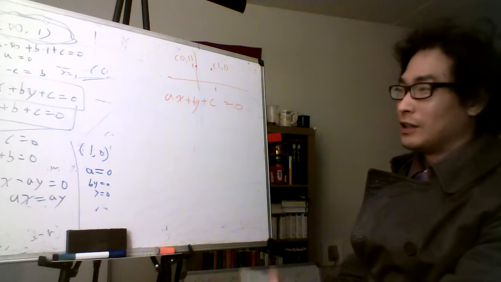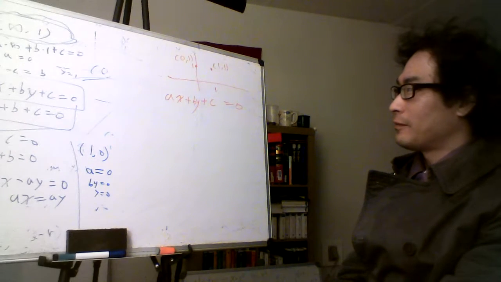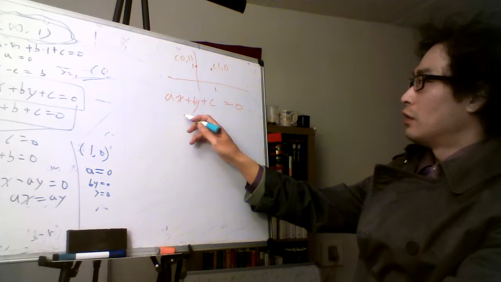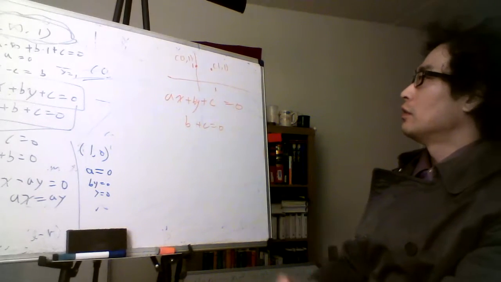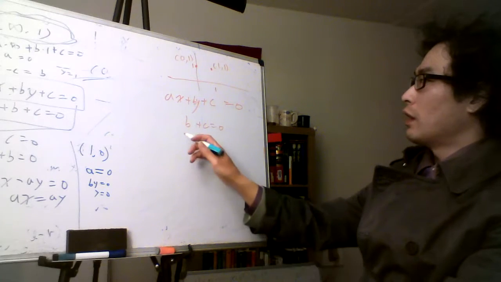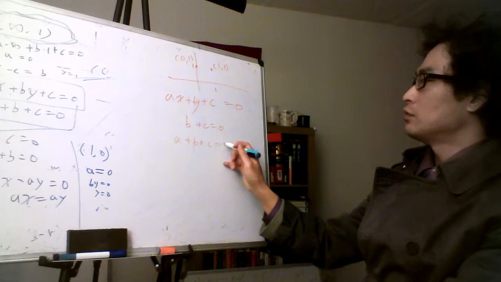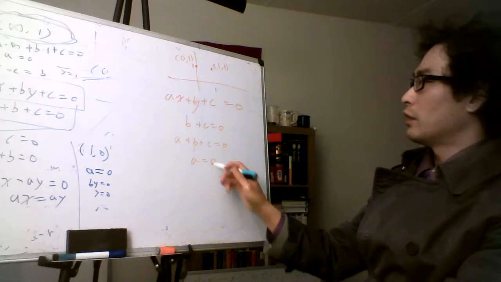So it's going to all change later on, but for now, okay. Okay, 0, 1, plug it in. So b plus c is equal to 0. 1, 1, okay, a plus b plus c equal to 0. Now b plus c is 0, so a is equal to 0, okay.